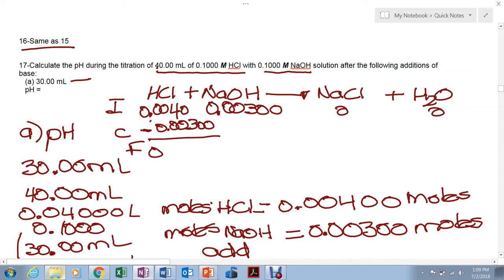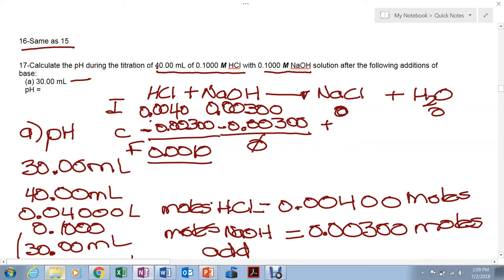So the limiting reactant is the NaOH. I don't know if you understand it like that, because the handwriting and everything is horrible. So nothing of NaOH is left, because all the NaOH reacted with the acid, but you have left 0.001 moles of acid. And here you have NaCl plus water.